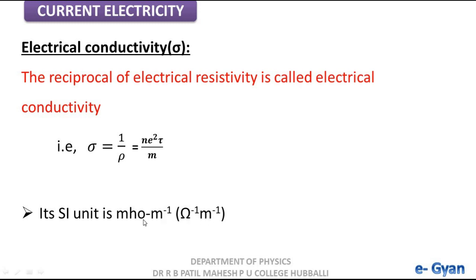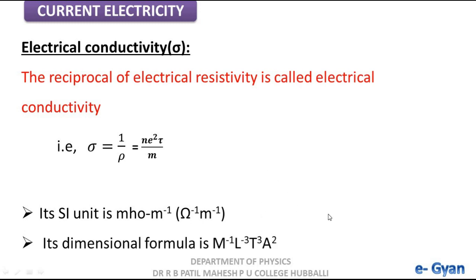Instead of writing per ohm, we can also write it as mho. Its dimensional formula is M to the power of minus 1, L to the power of minus 3, T to the power of 3, and A to the power of 2. Okay, this is the dimensional formula for electrical conductivity.